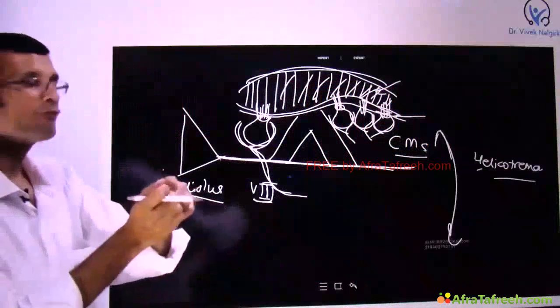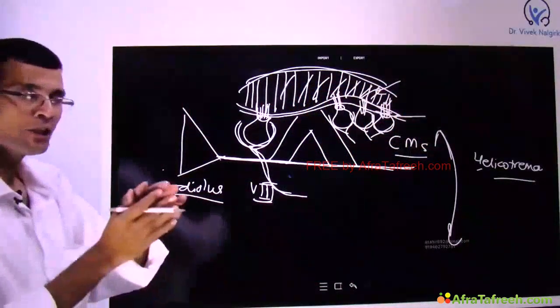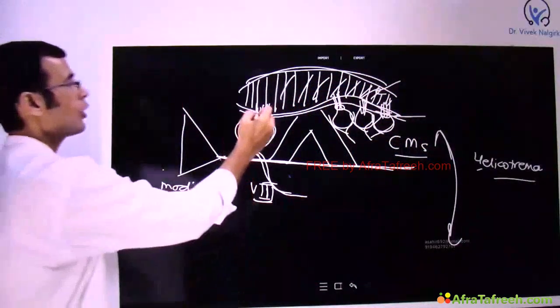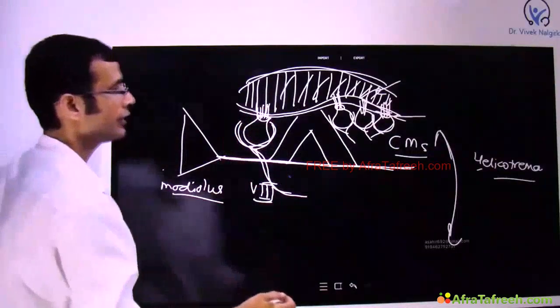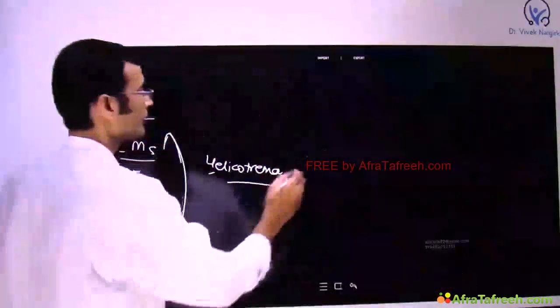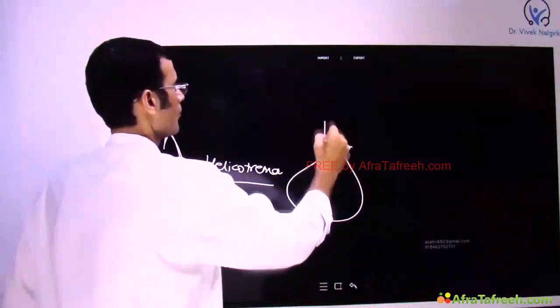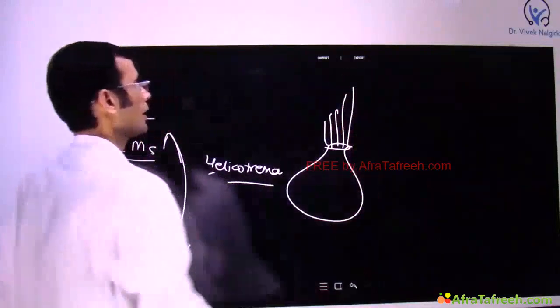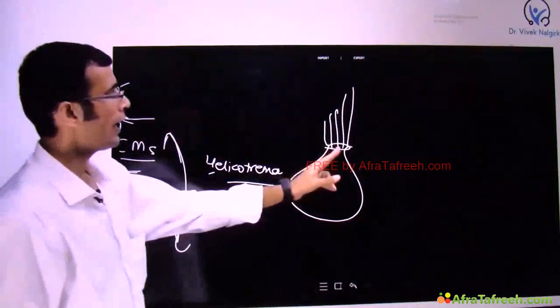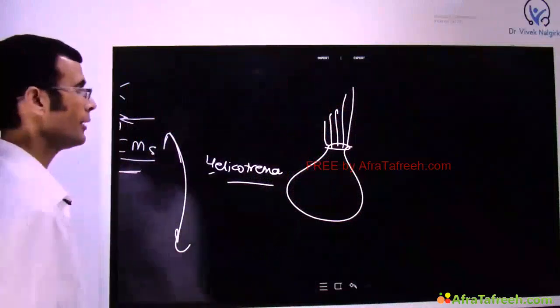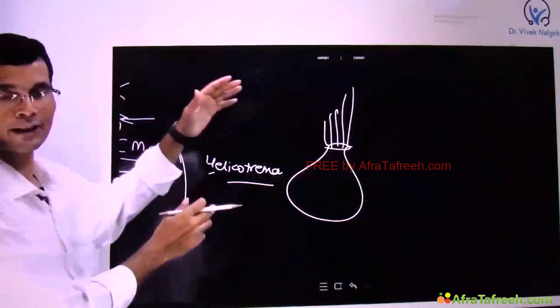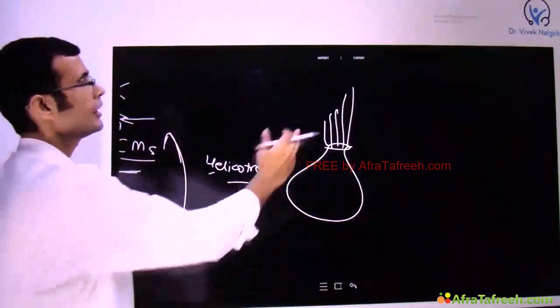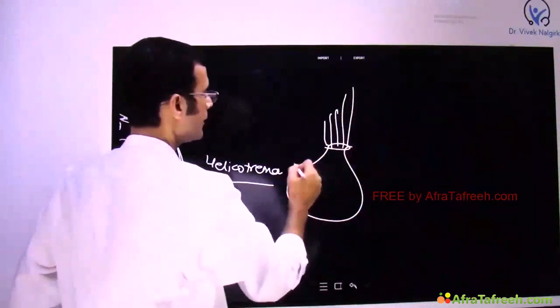That shearing force will cause bending of the stereocilia. These hair cells have hairs called stereocilia.